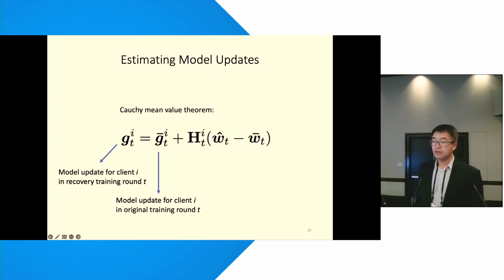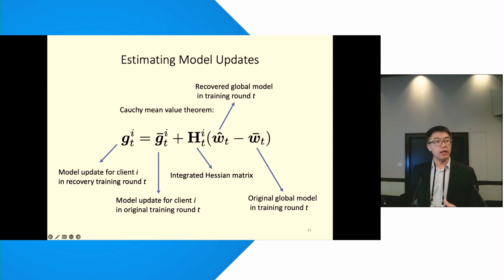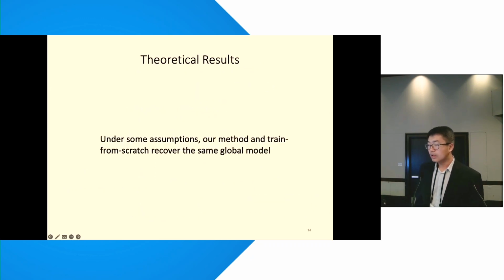This term is the model update for client i in training round t during the original training. This term is an integrated Hessian matrix. And this term is the recovered global model in training round t. And this term is the original global model in training round t. I'm not going to talk about more technical details, but they can be found in our paper.